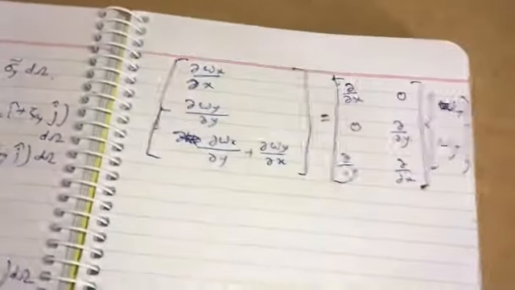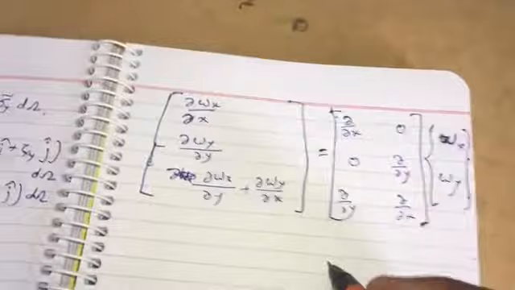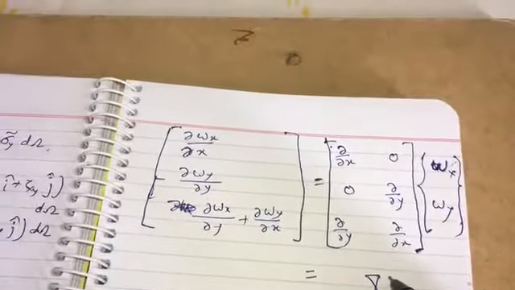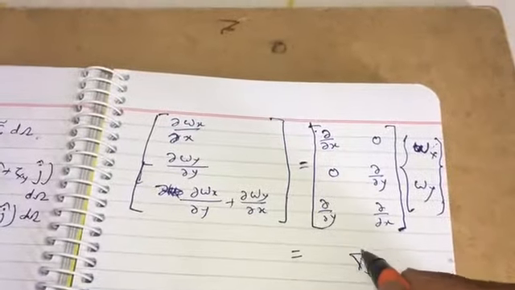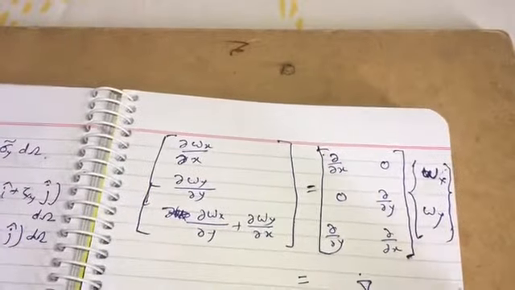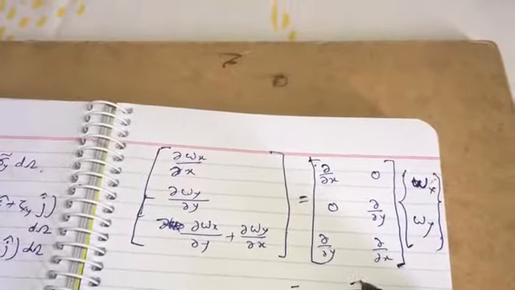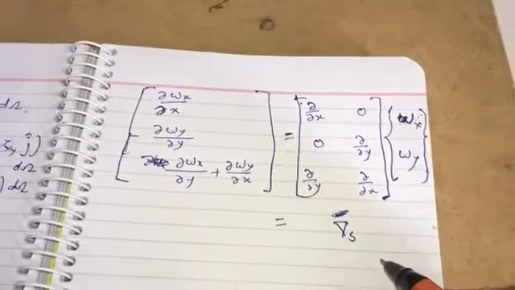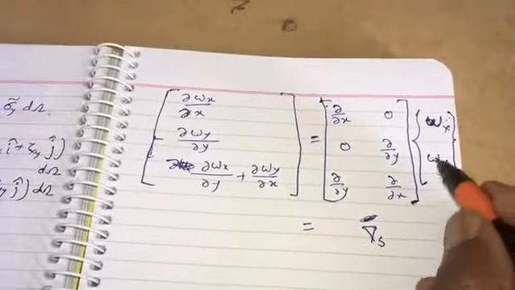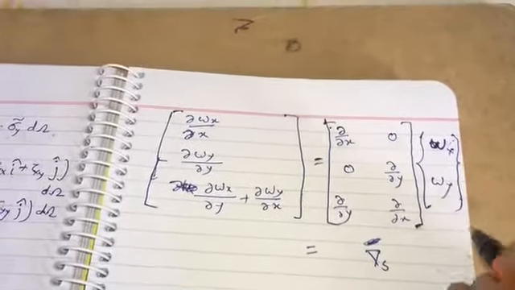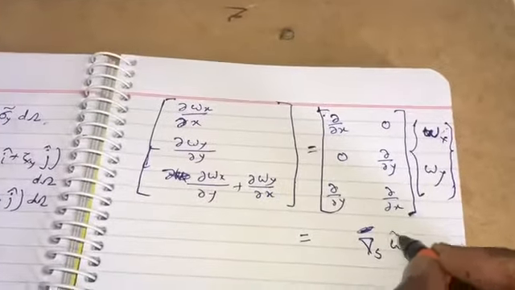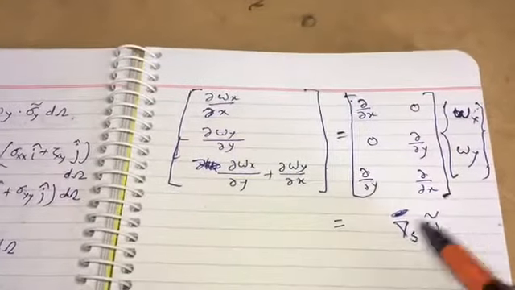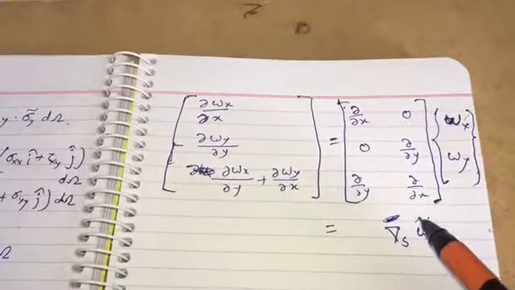If you see the last video lecture, this we called del s. So this is del s, and this one is nothing but w. So the w vector, just like that. So this is in compact form.